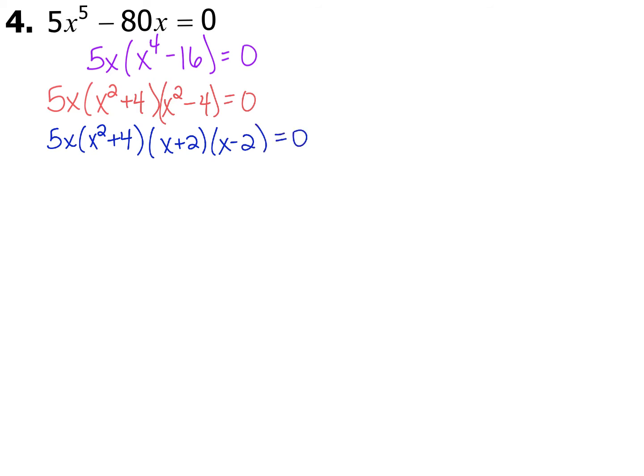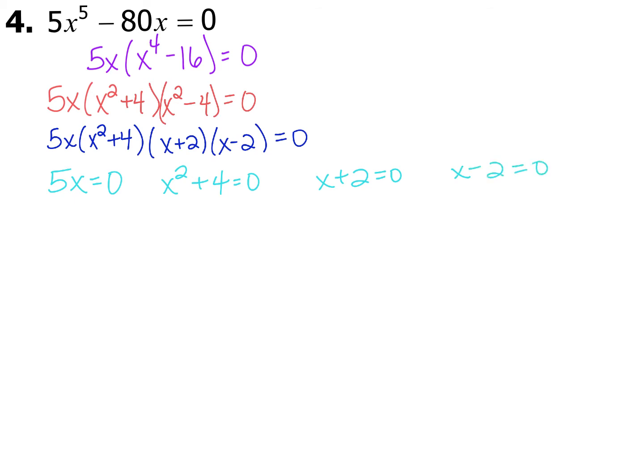Now I must set each factor that I have equal to 0. Therefore, I got 5x is equal to 0, x squared plus 4 is equal to 0, x plus 2 is equal to 0, x minus 2 is equal to 0.